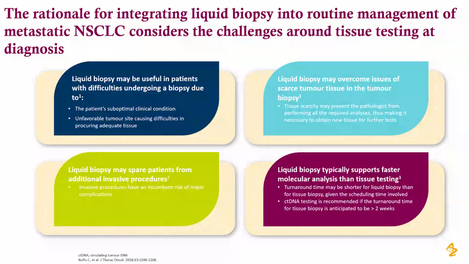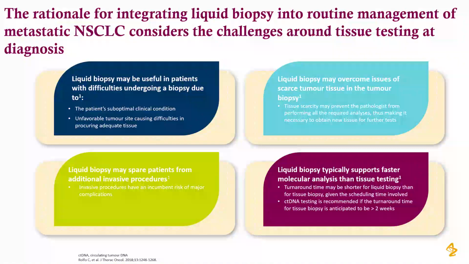If you want to repeat the sample also, rebiopsy by liquid biopsy is very feasible rather than tissue biopsies, where rebiopsy is almost impossible. Liquid biopsy typically supports faster molecular analysis, as I told. So these are the 3-4 important advantages of liquid biopsy.